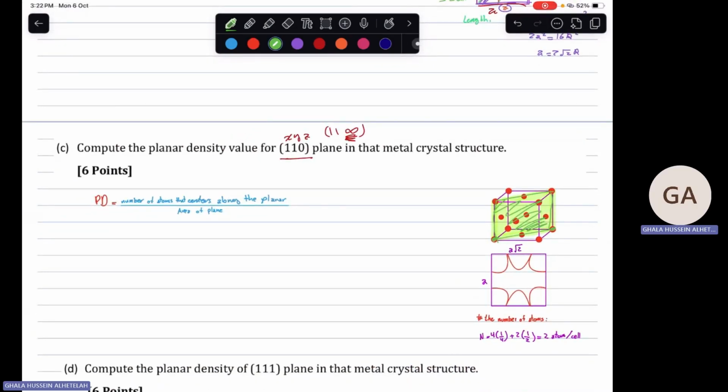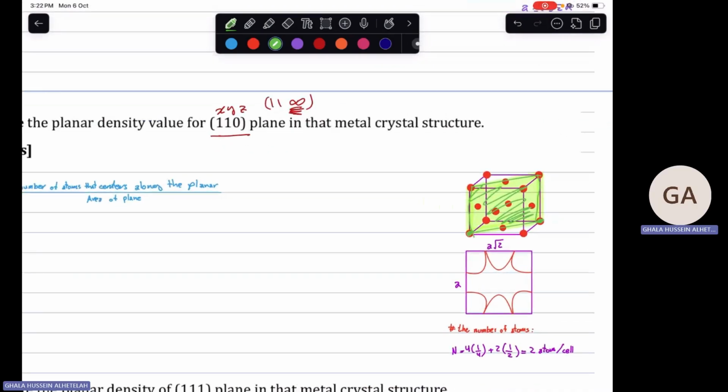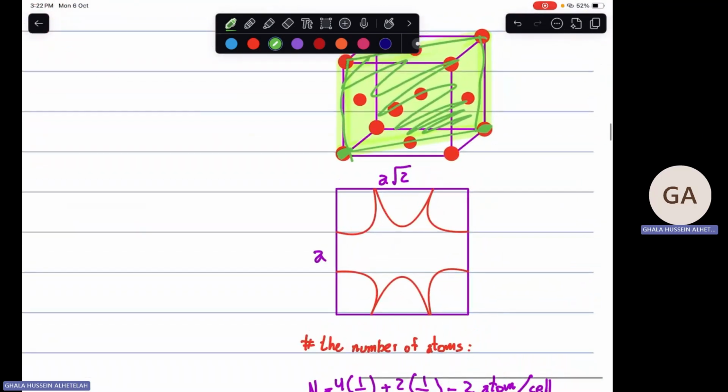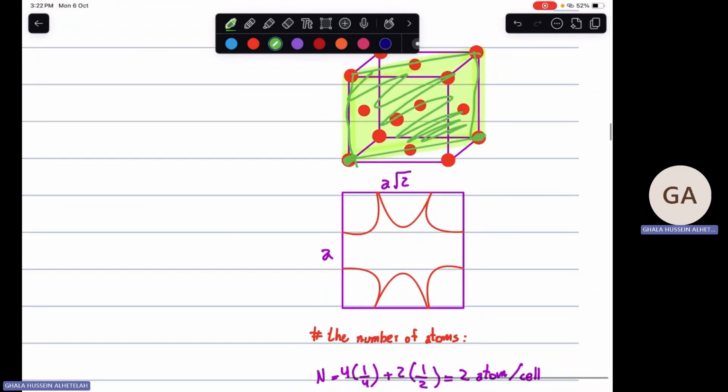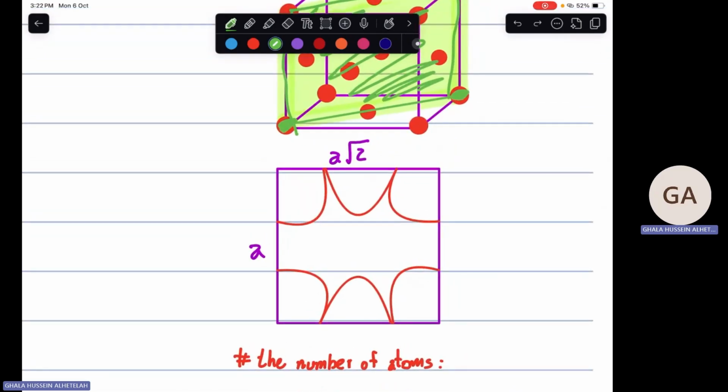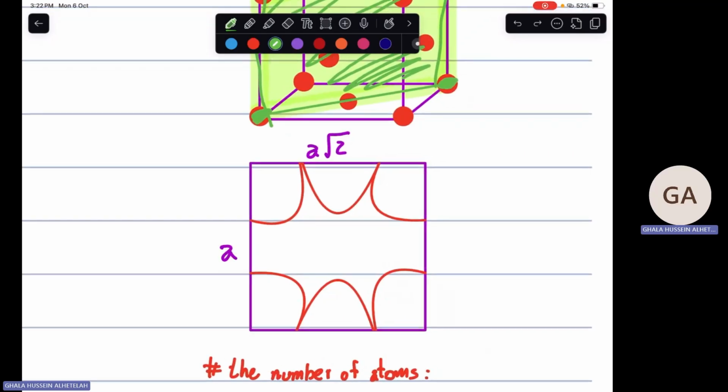What is the equation of the planar density? It is the number of the atoms per unit area, and we can have this simulation for the plane. For sure, it is not an accurate drawing, but it is like imaginary atoms.